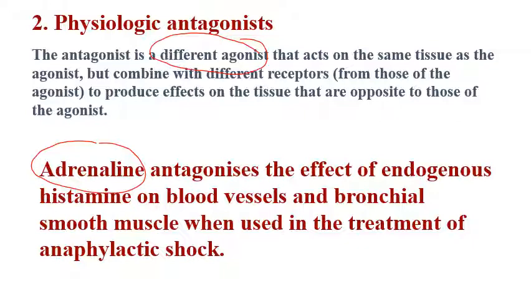But the activation of beta-2 receptors in the bronchial smooth muscle will cause bronchodilation, which is the opposite of the action of histamine on bronchial smooth muscle. On the blood vessels, you know that adrenaline activates alpha-1 receptors on blood vessels and causes vasoconstriction that antagonizes the effect of histamine on the blood vessels, and this way adrenaline acts as a physiological antagonist for the histamine.